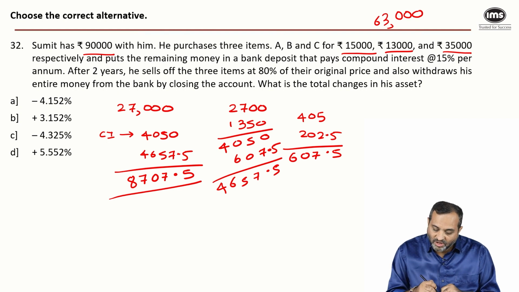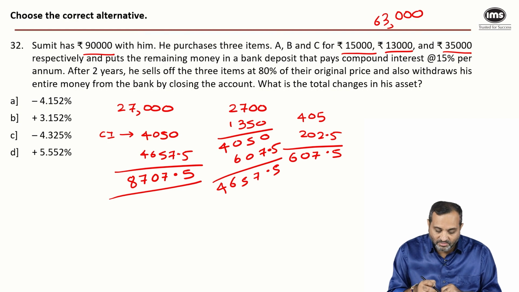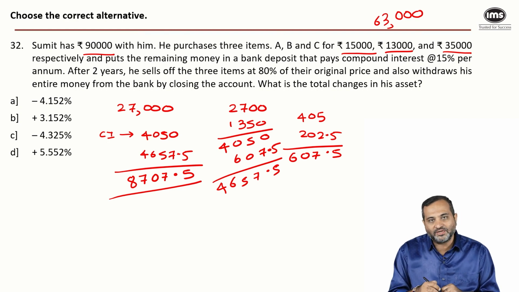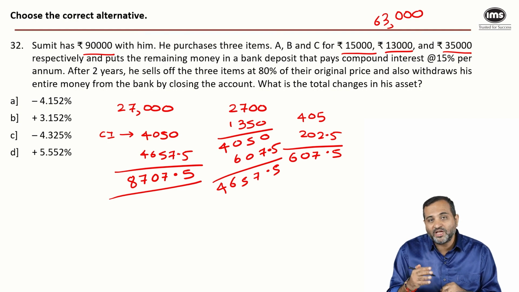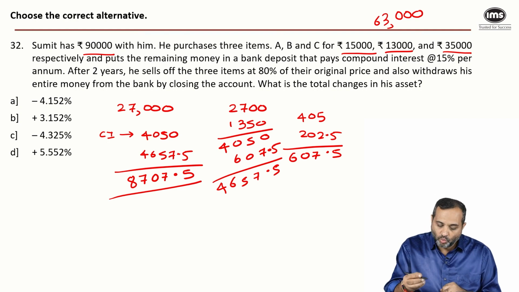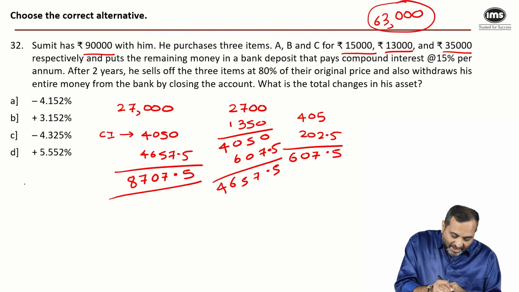Now let's read what the question further says. After 2 years, he sells off the 3 items at 80% of the original price. So can I say, since he is selling at 80%, I will be making a loss of 20%. So what is 20% of 63,000? Can I say 10% is 6300? So 20% has to be double of this.